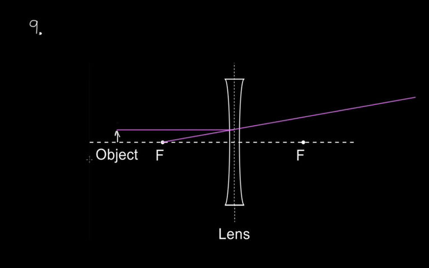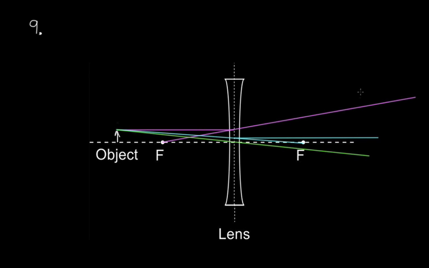Now for the second primary ray, we draw it as if it was going through this focal point, the far focal point, but when it hits the lens it is refracted and travels along parallel to the principal axis. And finally the third principal ray just travels so that it goes through the centre of the lens and keeps going.